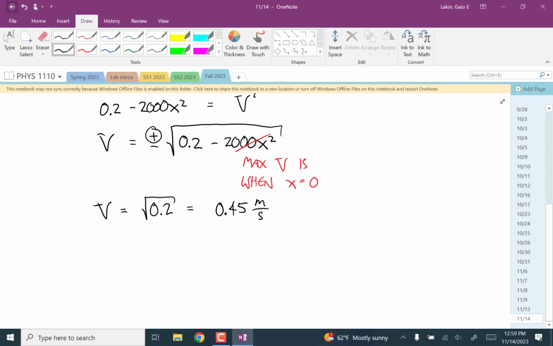And it is going to be real as long as that x is between 0 and 0.01. If you tried to, it'd just give you an imaginary number. Yeah, that's right. If you used a bigger x value than 0.01, it would give you an imaginary answer.